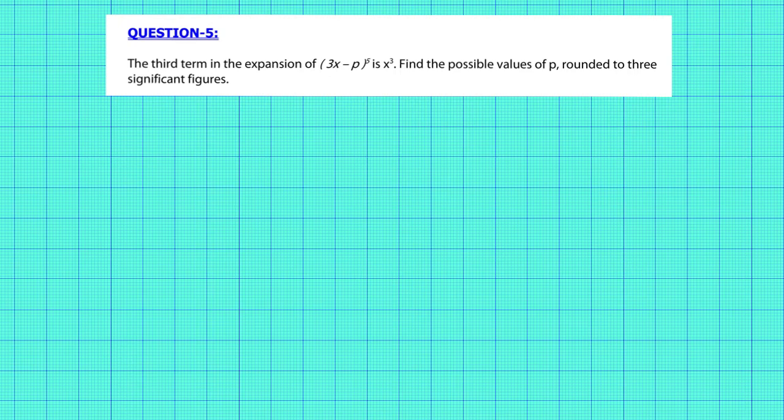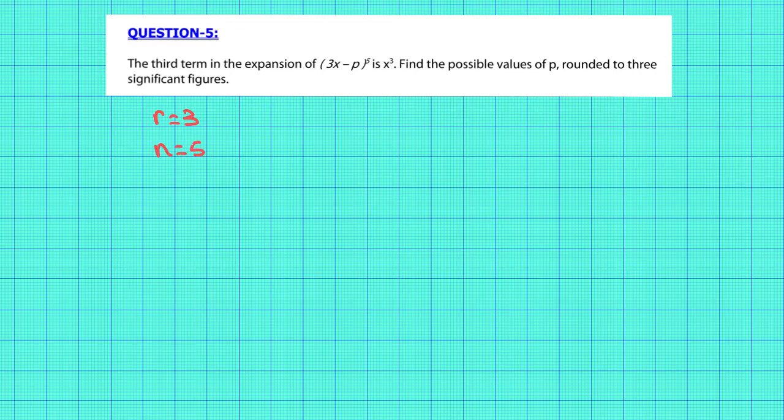Question 5. The third term in the expansion (3x minus p) to the power of 5 is x cubed. Find the possible values of p rounded to 3 significant figures. If this is the third term, r is equal to 2. n is equal to 5.